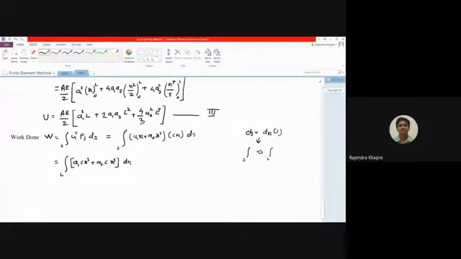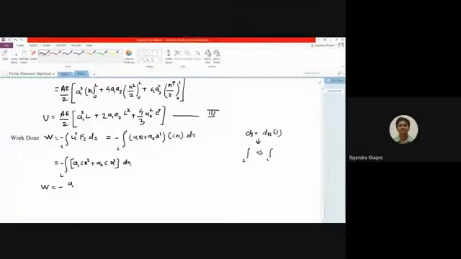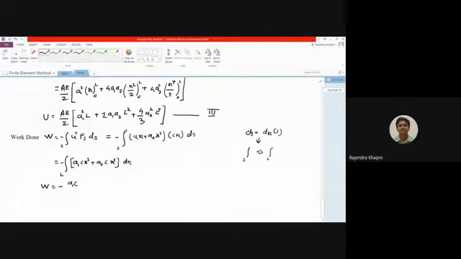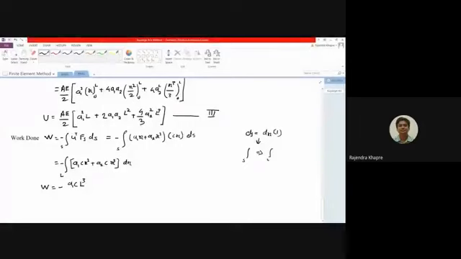That is dx. Okay, so if you go for the integration of this, ultimately at the end, of course, this will be negative because this is a work done, so I forgot to mention a negative sign. So this will be something like a1 into c, so the integration of x squared will be x to the power 3 upon 3, so this will be L to the power 3 upon 3.